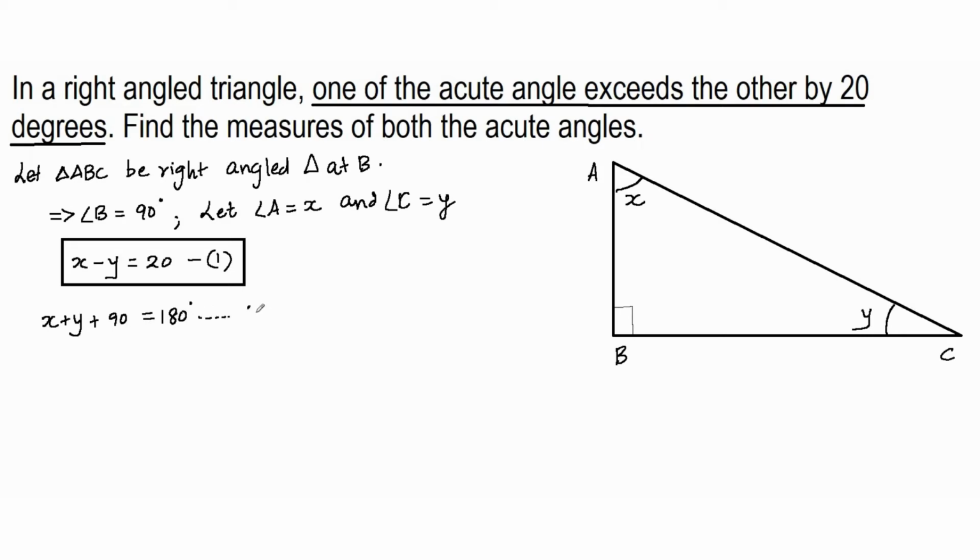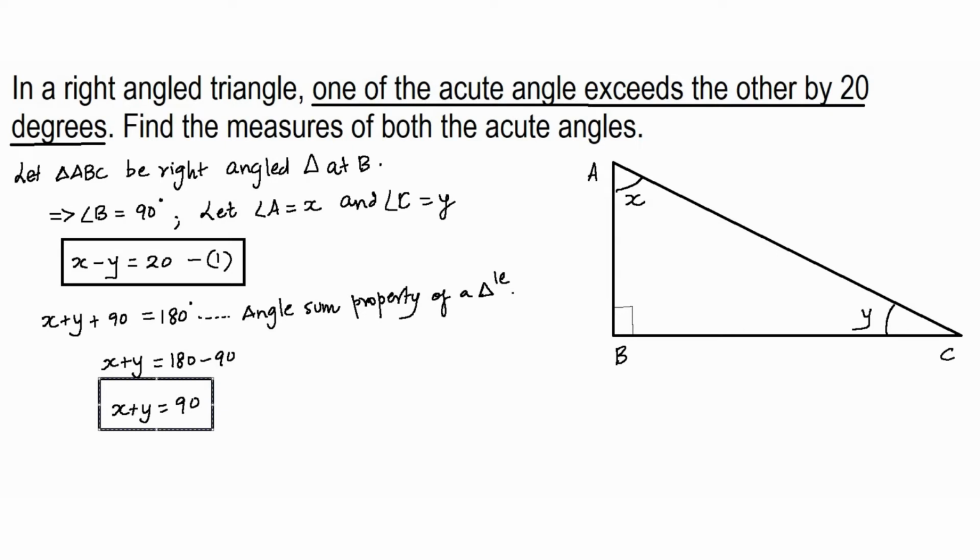And this is because of the angle sum property of a triangle. So therefore I can say X plus Y is equal to 180 minus 90, which means X plus Y is equal to 90. So this is my second equation now.